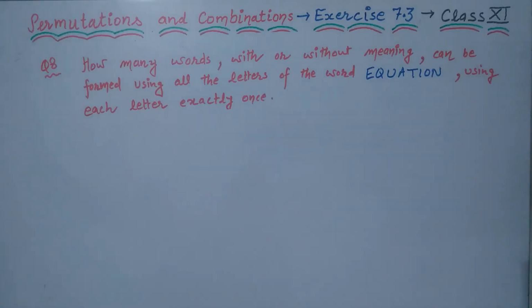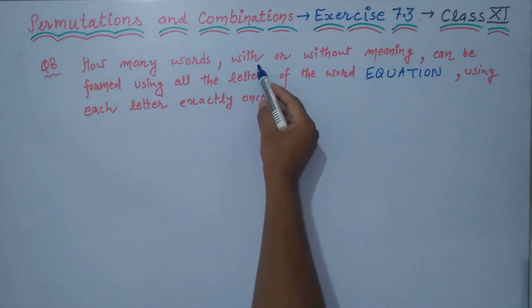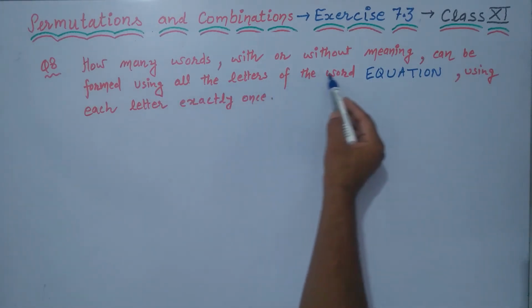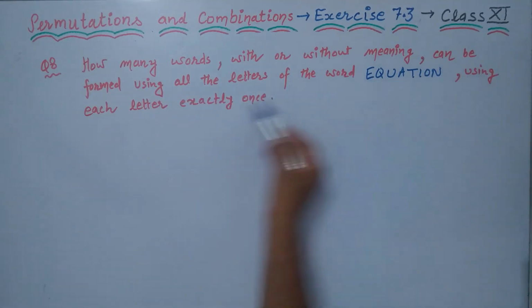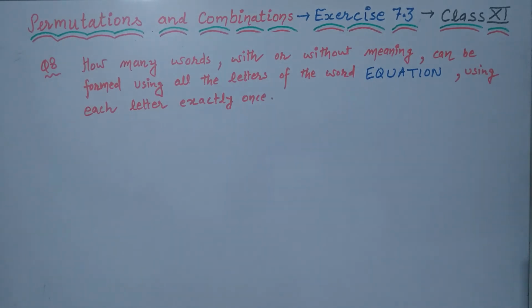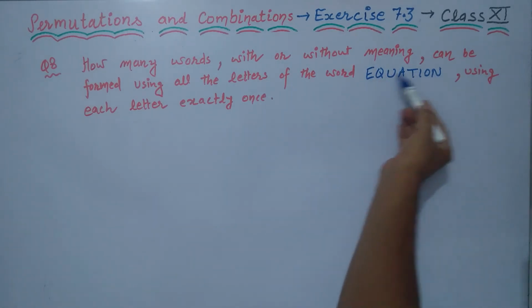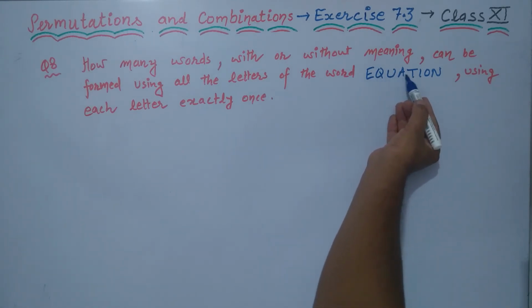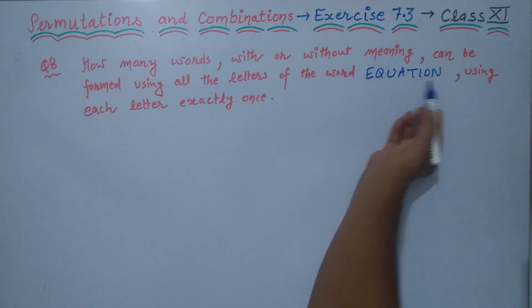Question number 8. How many words with or without meaning can be formed using all the letters of the word EQUATION, using each letter exactly once? So first of all, we have total number of letters 1, 2, 3, 4, 5, 6, 7, 8.